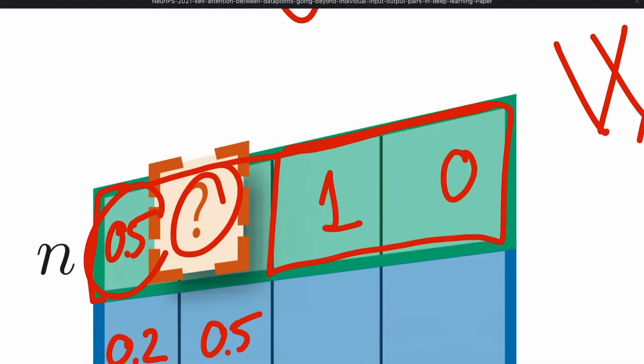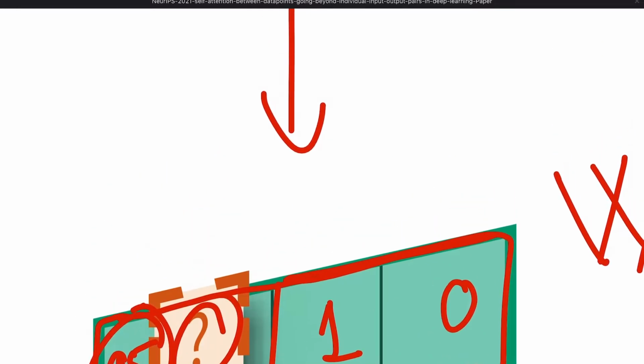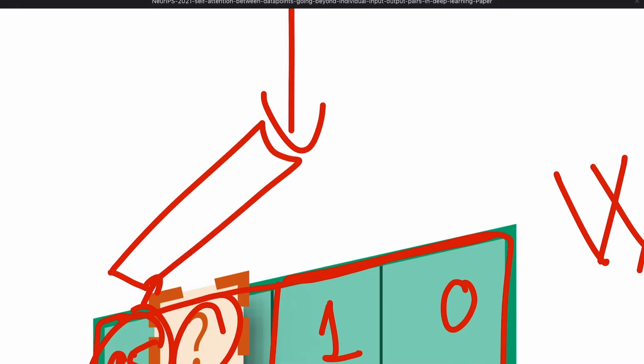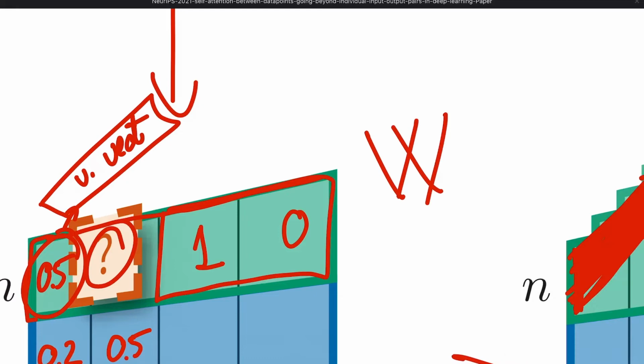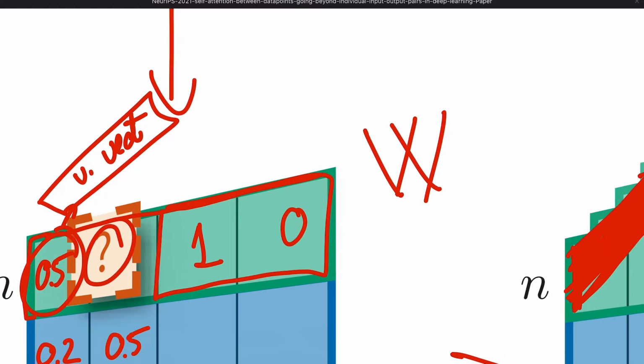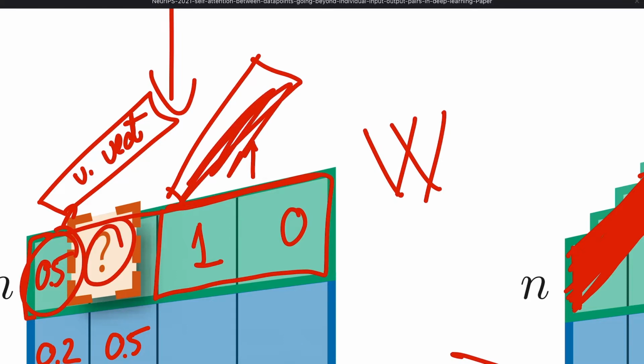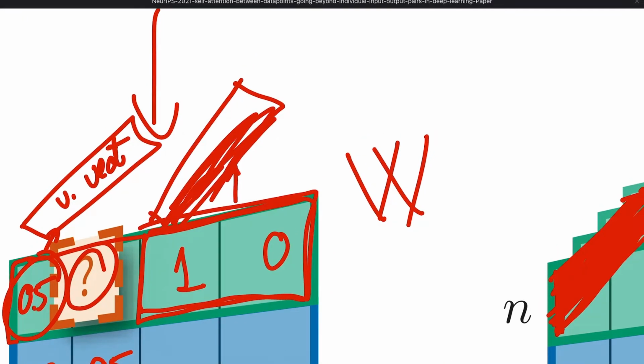So for a continuous value, it is just going to get projected into this value times a vector. But for categorical values, they are going to be mapped to only one embedding, because this vector is going to be multiplied by a matrix.